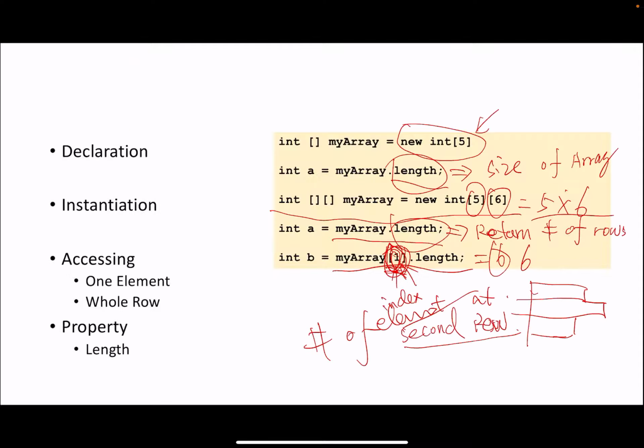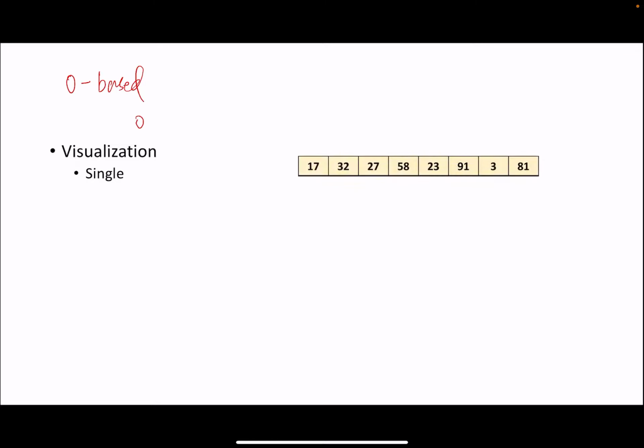Which means the first row or first table or first column starts with zero. So in this example, if it's a single dimensional array, you could know the first element would be index zero.